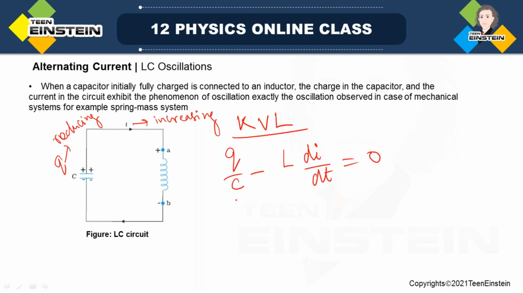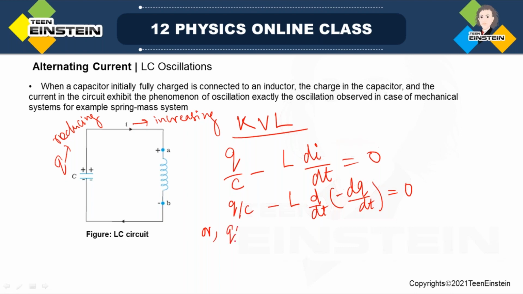Let us see. So this is q by c, I'll keep as it is. So this is L di dt, that means d by dt of dq dt with a minus sign. Okay, hope you are understanding this.